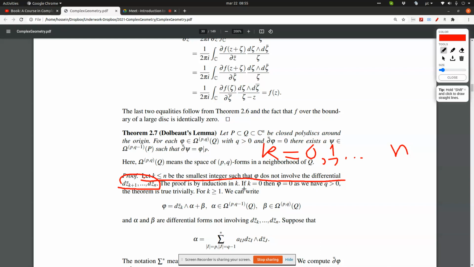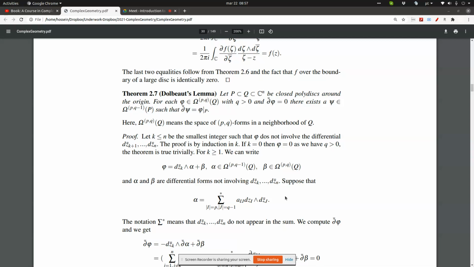For k=0, phi will be automatically zero because we have assumed that our differential form has at least one dz bar, q bigger than zero. So for k equal to zero, there is nothing to prove. We have to go from k minus one to k, and so until reaching n, which is our main aim.